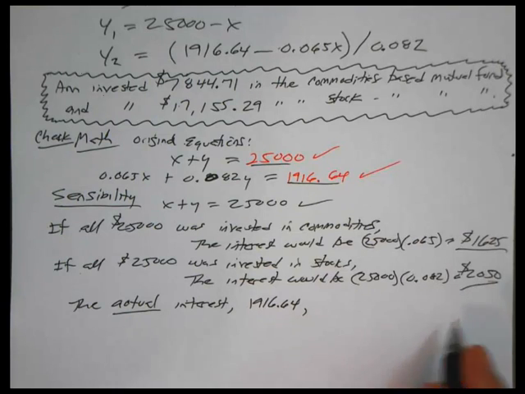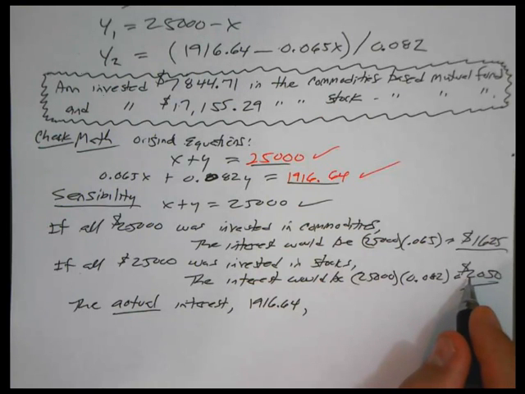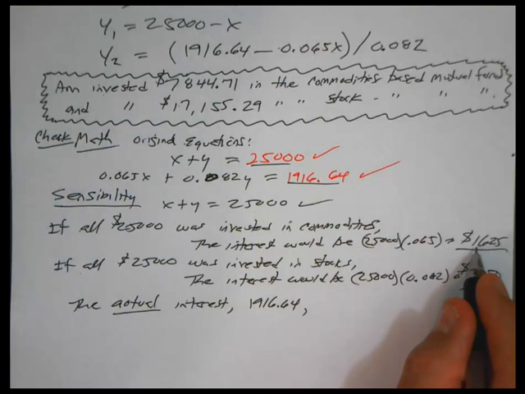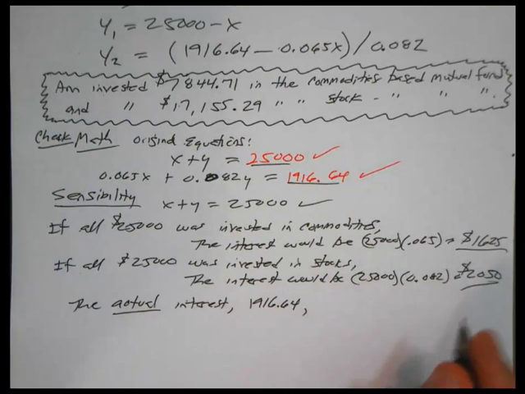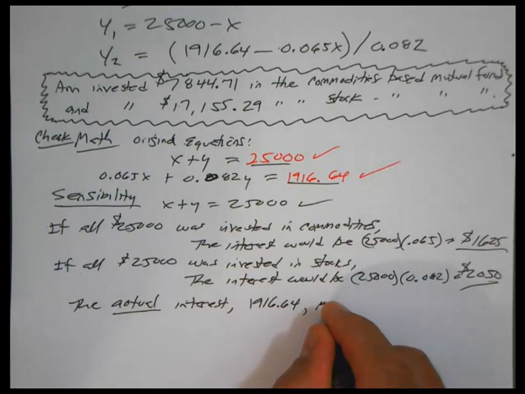How does that compare to these two extreme cases? You know what? It's actually pretty close to this 2050, just like $130 away from this one, whereas it's nearly $300 away from this one.